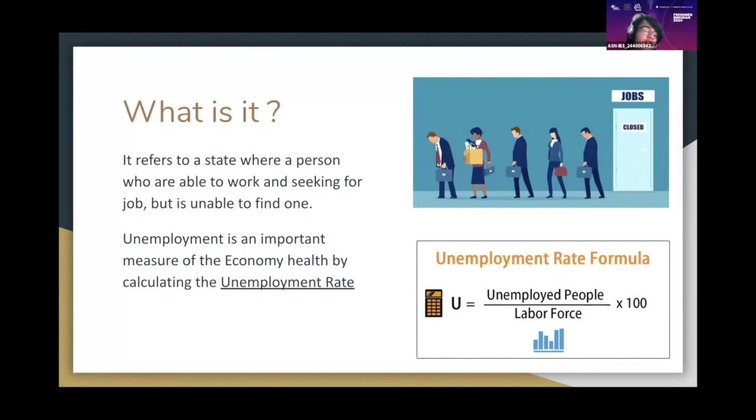So basically they're like latent power that is to be used effectively, and that's calculated by the unemployment rate. Unemployment rate, as seen in the slide, is calculated by unemployed people over labor force times 100, and that equals a certain percentage number, which will be your unemployment rate. Next slide, please.